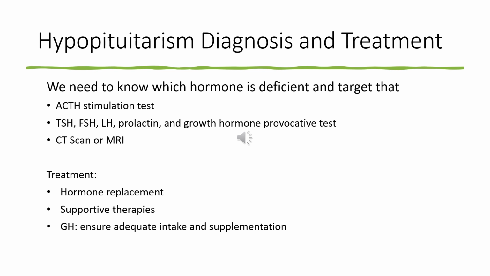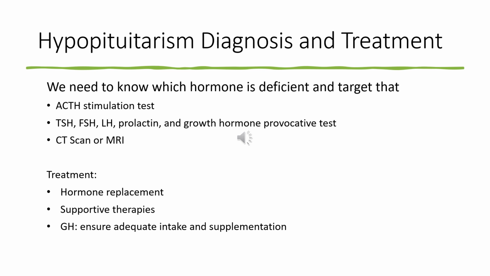We're definitely looking at maybe a stimulation test, prolactin tests, growth hormone provocation test. These are also evaluated through blood tests. We may treat with hormone replacement, supportive therapies, growth hormone.